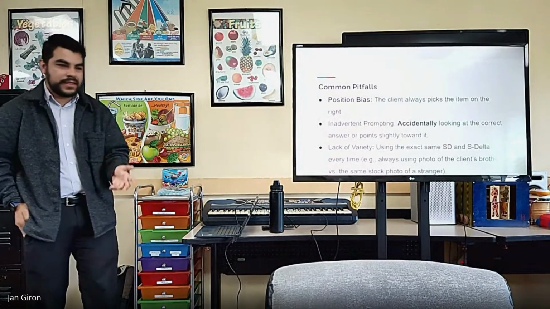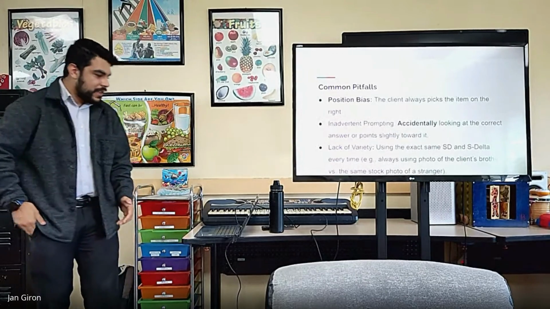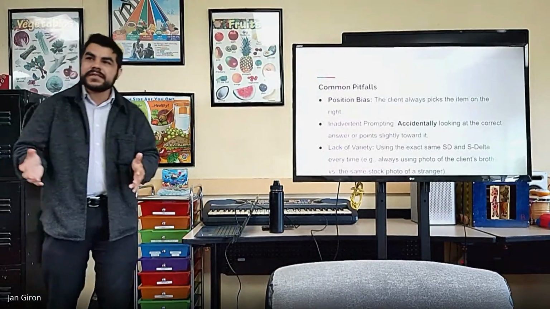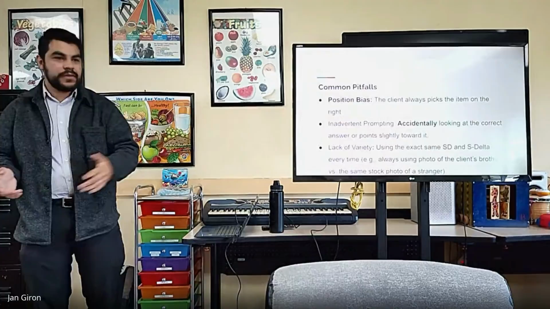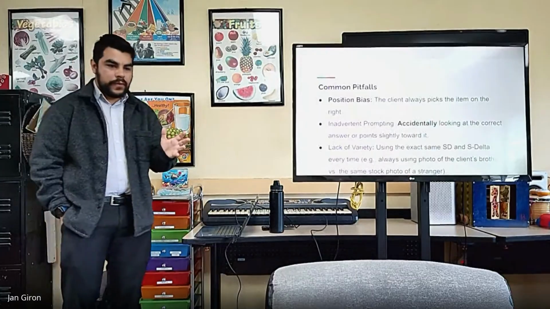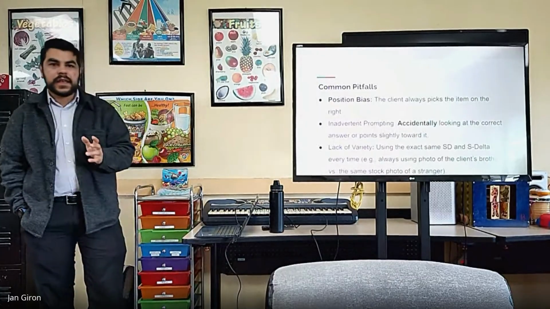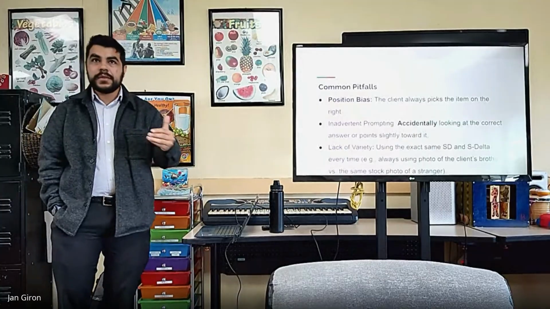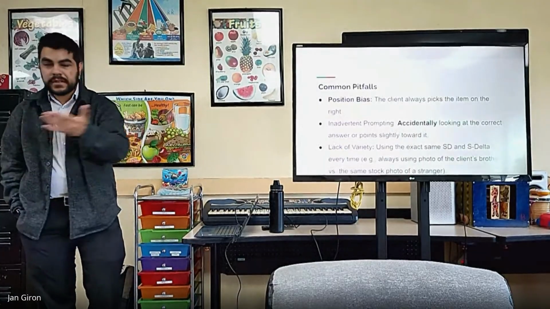Inadvertent prompting, Clever Hans: accidentally providing the correct answer by looking at it, attending to it, or accidentally pointing at it. And the other thing too, lack of variability is key for discrimination to lead to generalization.